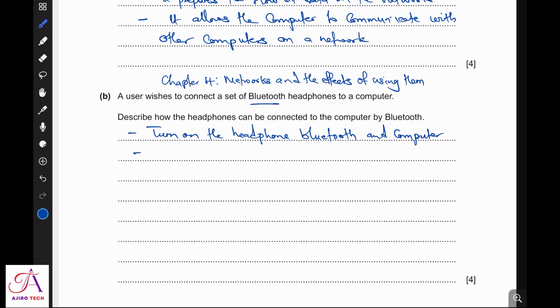Okay, that's how it works. Bring them close. Bring the headphone close to the computer.